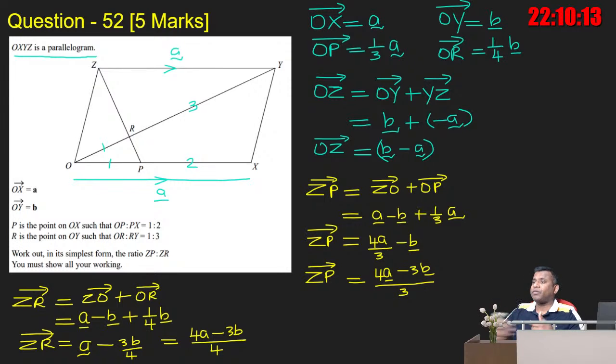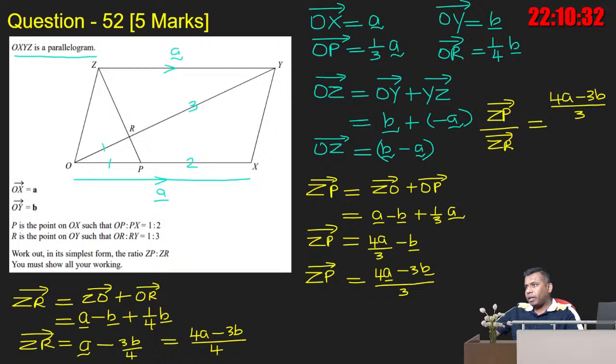You may ask why I am doing SR and SP: because in the question they ask for SP is to SR. So what I'm going to do now is SP divided by SR. That's how to find the ratio. SP is 4A minus 3B over 3, divided by 4A minus 3B over 4.